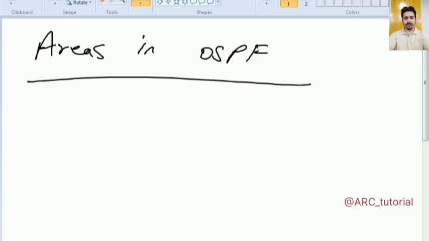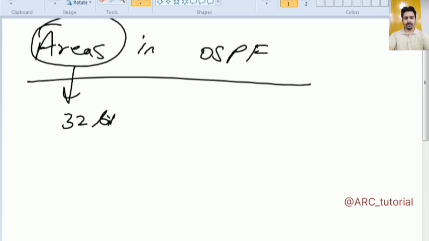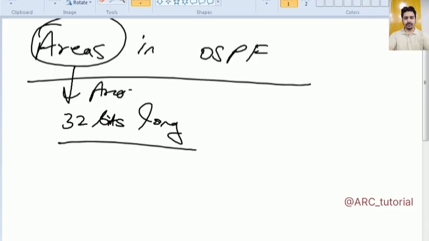And remember that these areas are 32-bit long area IDs. The area ID will always be a 32 bits long ID.